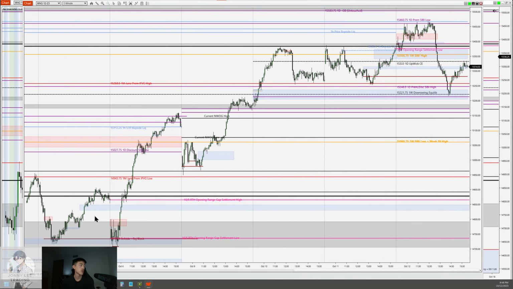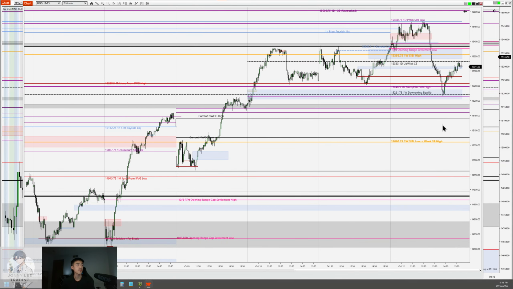So further down, we see that there is an initial liquidity void here. We have buy side action, liquidity void, buy side action, and that also resonates here as well. Buy side action, no action, and then buy side action.